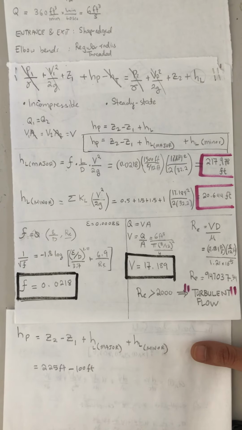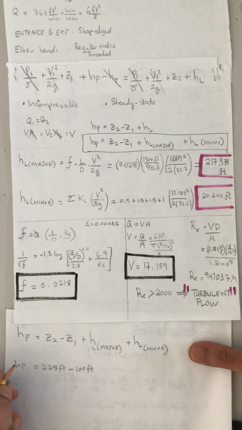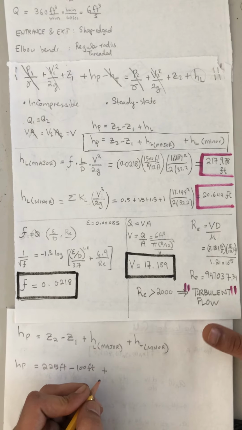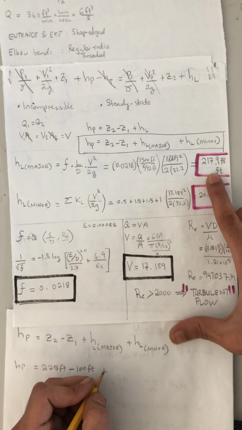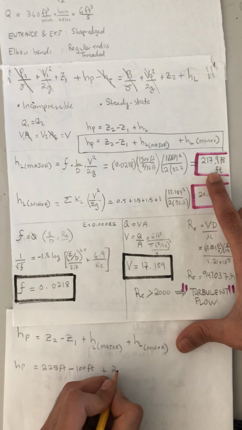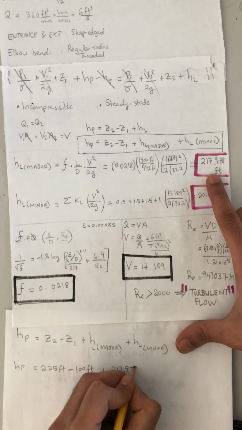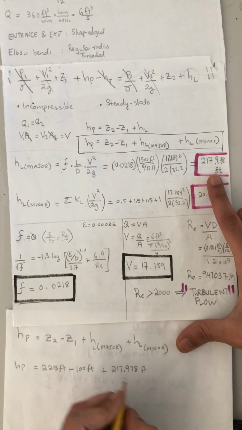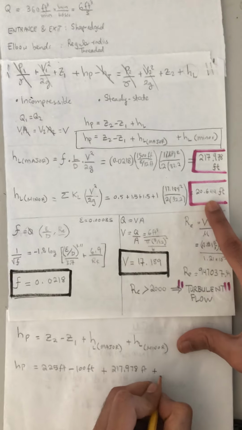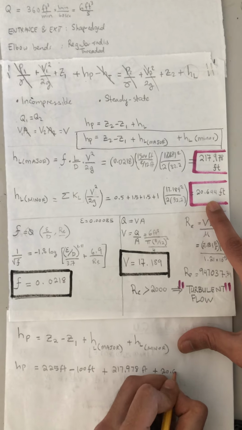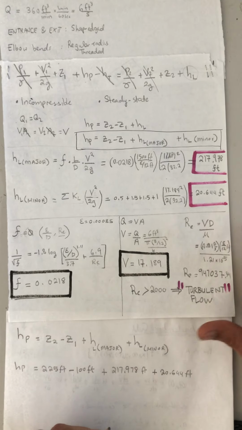Those values were given to us, and our major head loss calculated as 217.978 feet plus our minor loss 20.644 feet.